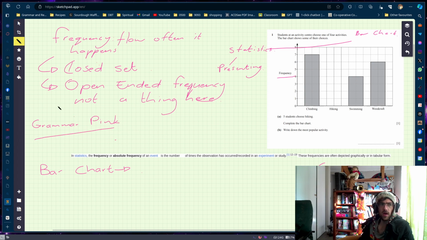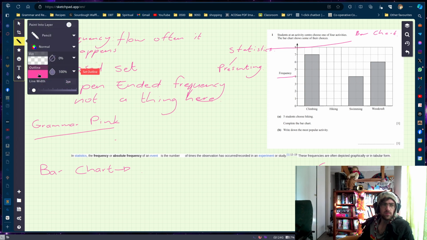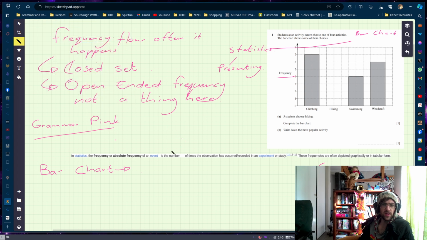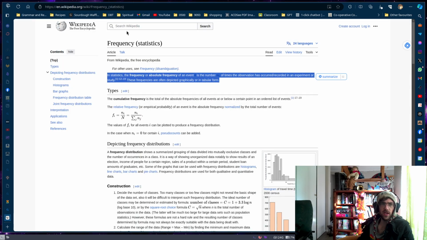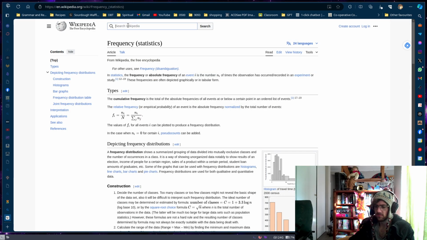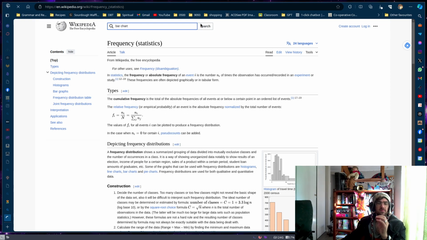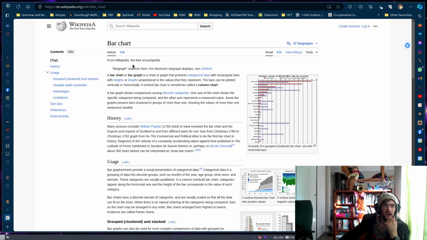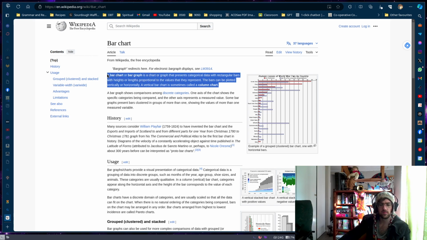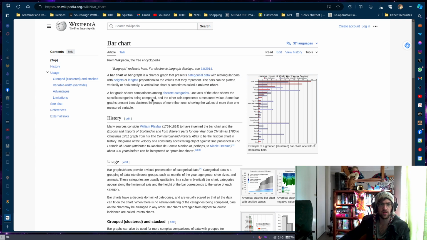So a bar chart, we'll leave it as pink. I'm going to look that up again because why not? We actually need this whole thing, so I'm going to screenshot it.